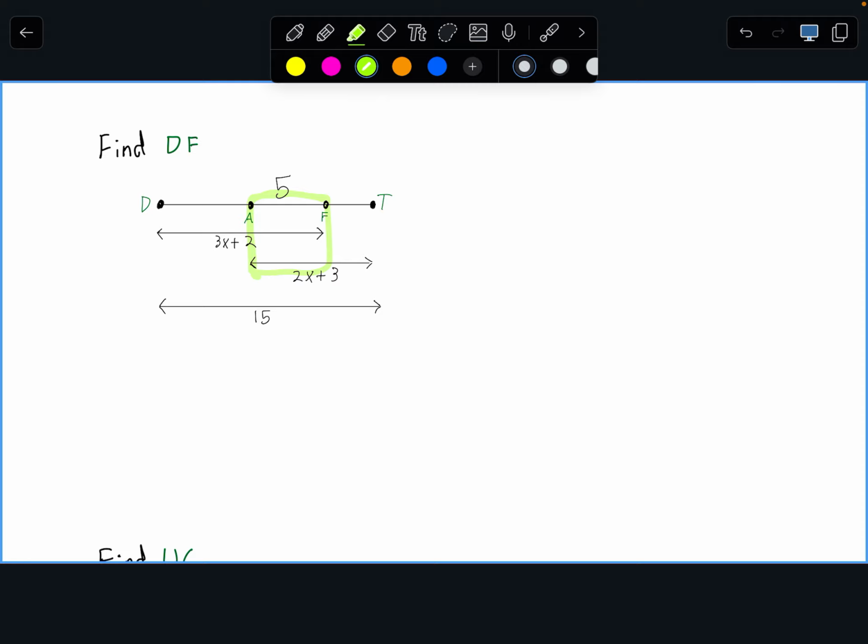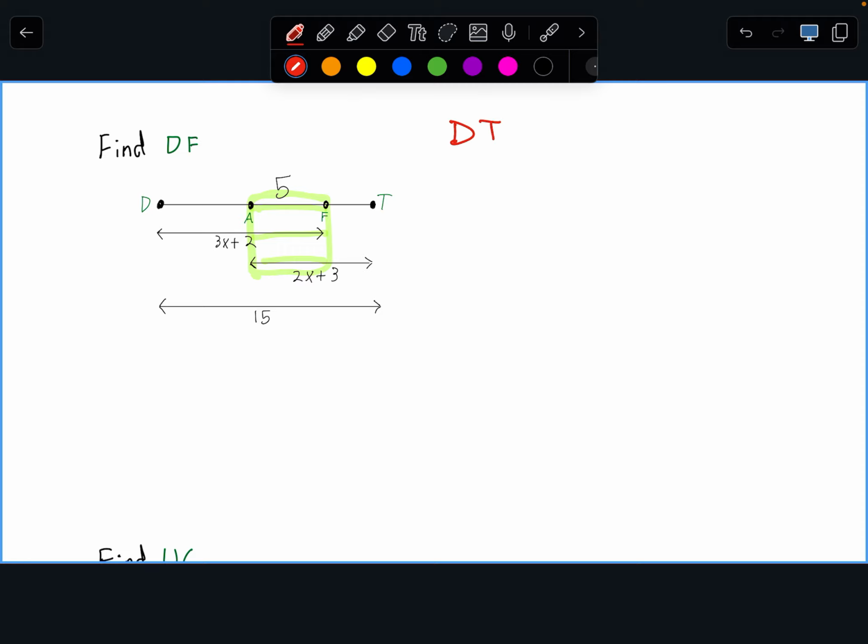So if we go and come back and go, like that's too many times to count that. So how can I fix it? So let's start by looking at the whole thing is DT, right?